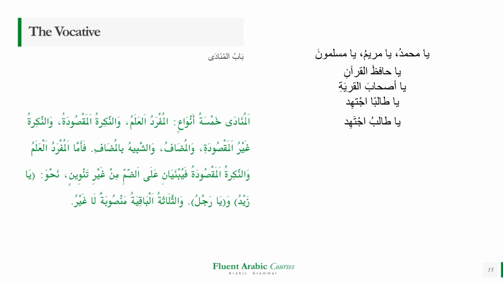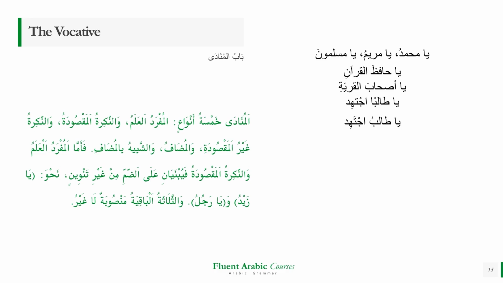But the same thing you can say, but here you don't mean this particular student in front of you, but you mean students in general. So if you use it with that meaning, it becomes the nakira غير مقصودة. So you say ya taliban, it takes the state of nasb. So what is the difference between ya talibu and ya taliban?